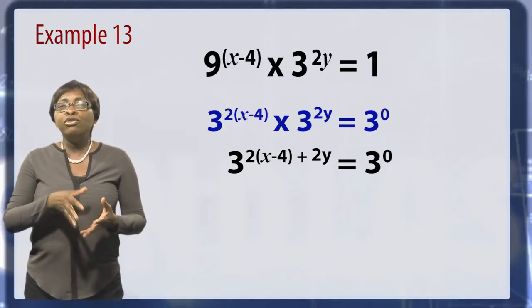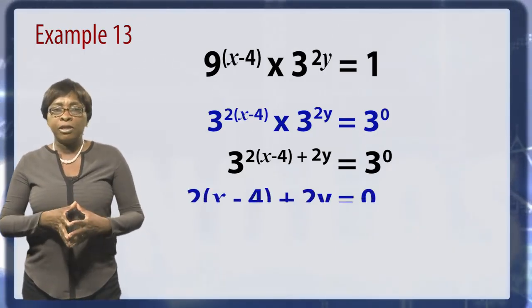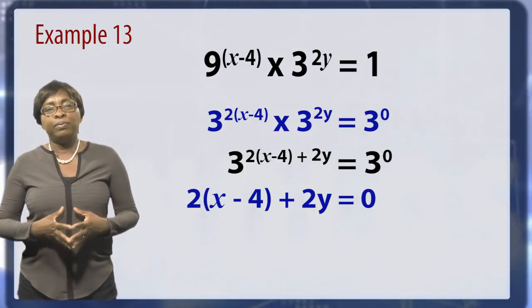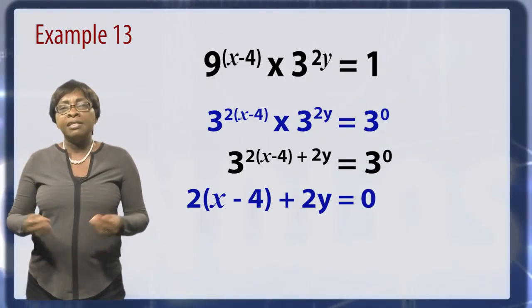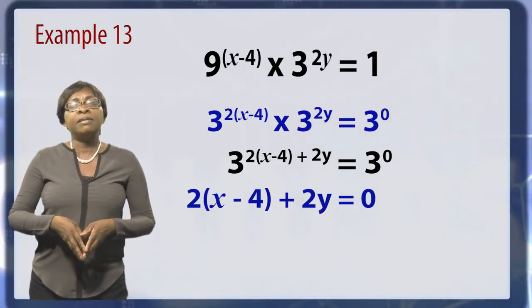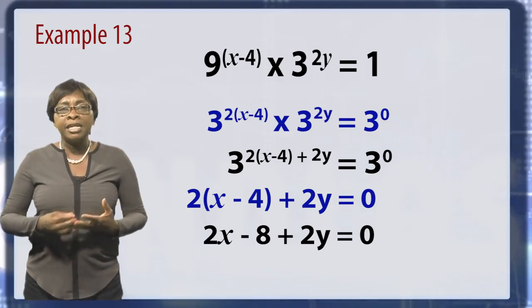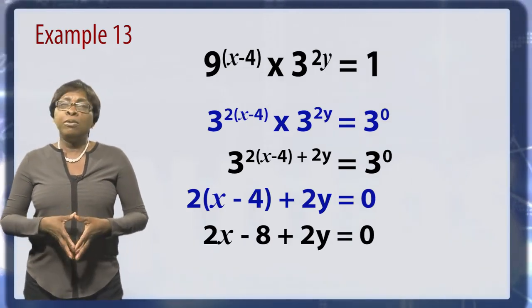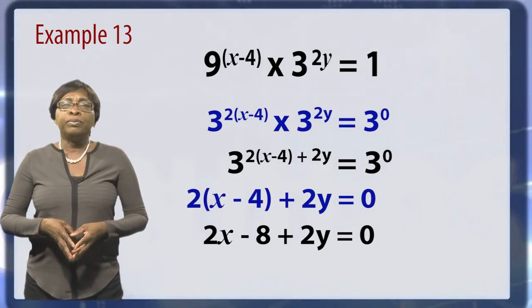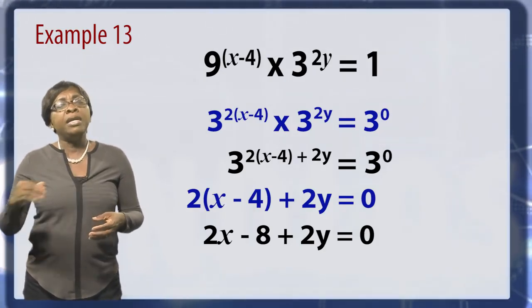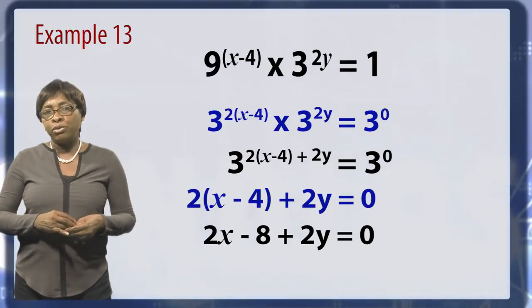So now we have 2 into brackets x minus 4 plus 2y is equal to 0. Remove the brackets, group like terms, simplify. And we get 2x minus 8 plus 2y is equal to 0. Now that expression can be divided through by 2.